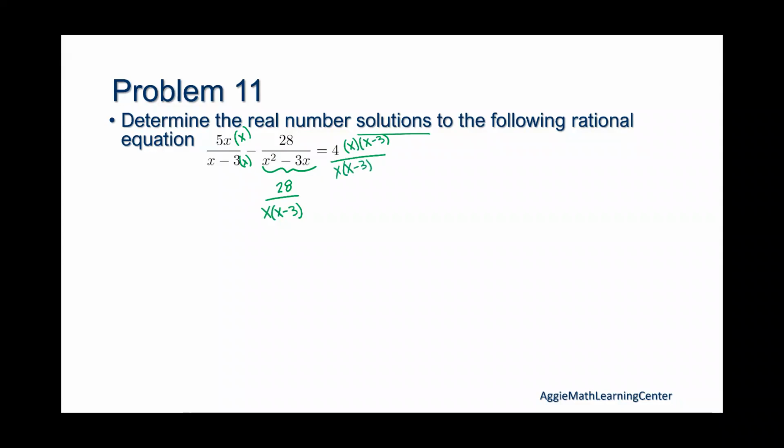Times x. So this is going to end up giving us 5x squared. And again, since we have common denominators, all of them will cancel each other out. We can just focus on the numerators, and since we're looking for the solutions, it's okay to do that. So then we're subtracting 28, and that's going to be equal to 4x times x minus 3.